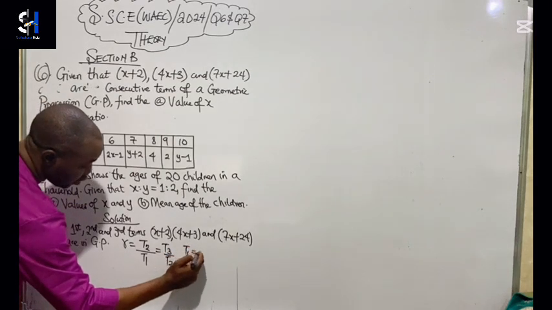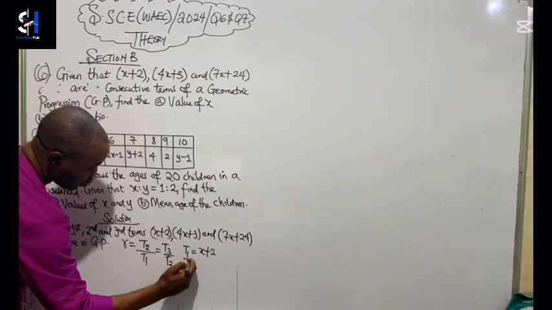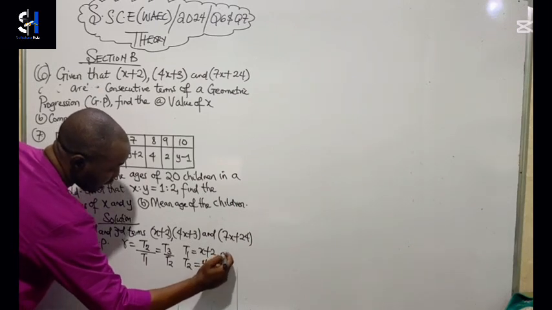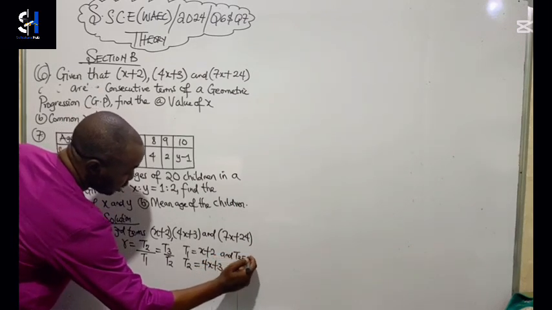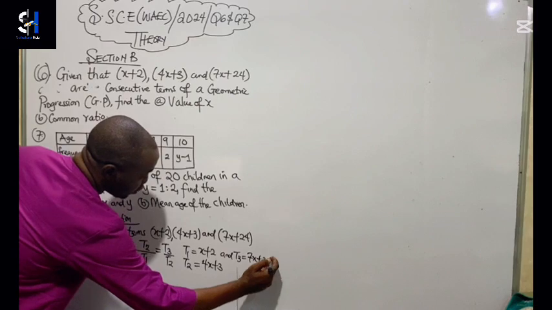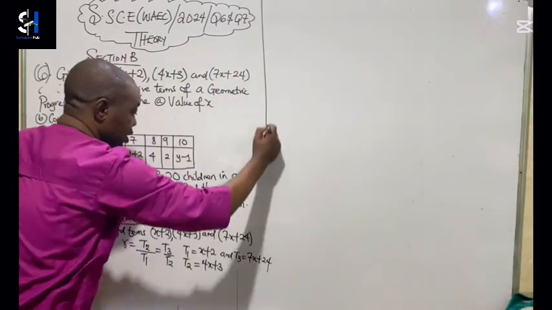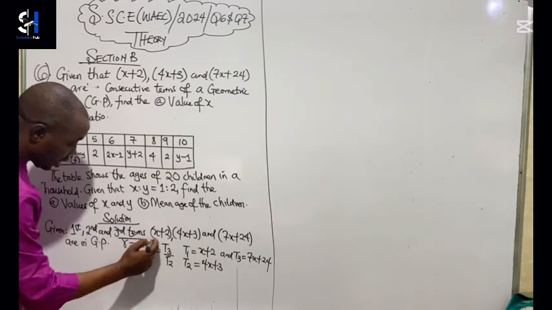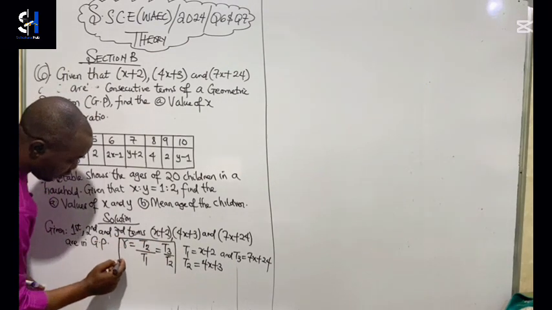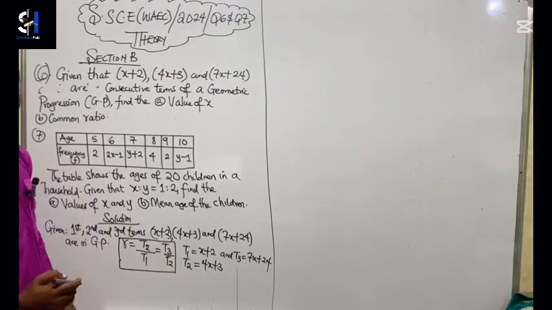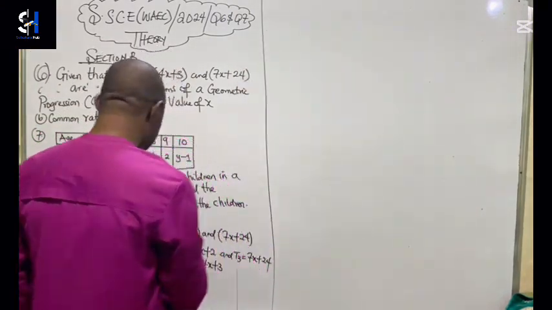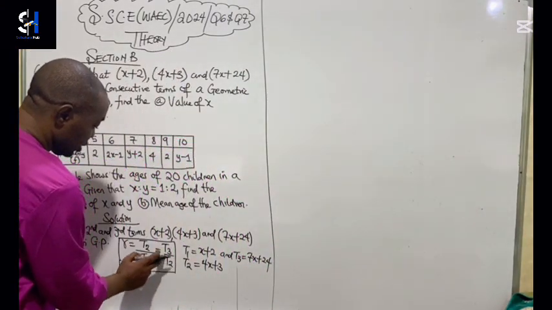In this case, T1 is x plus 2, T2 is 4x plus 3, and T3 is 7x plus 24. We are going to use this formula to obtain the value of x.